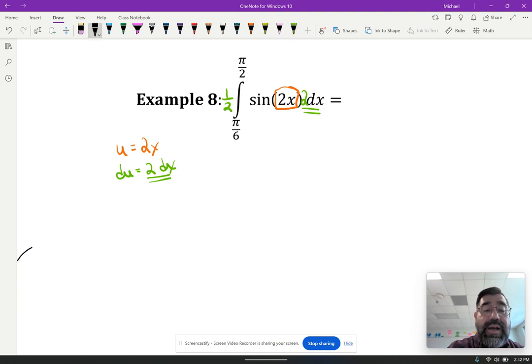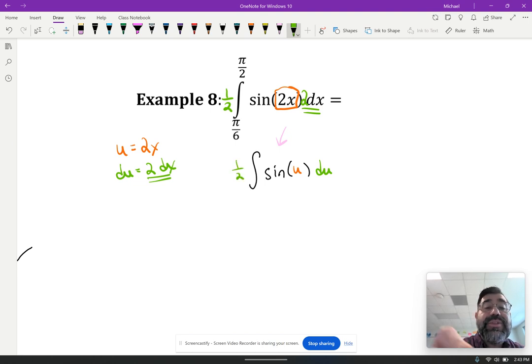And so now I'm going to say this equals, or maybe I'll do that pink arrow that I did before, the integral of sine of u, and the 2dx I can replace with du. Don't forget, I still have this 1/2 in the front.